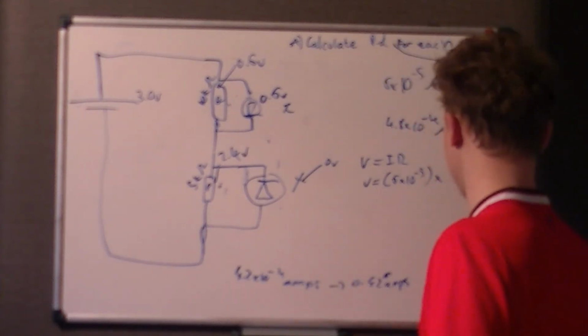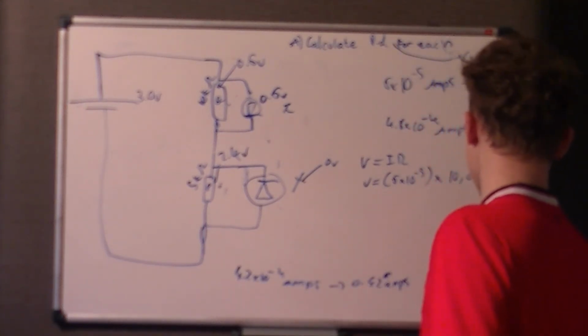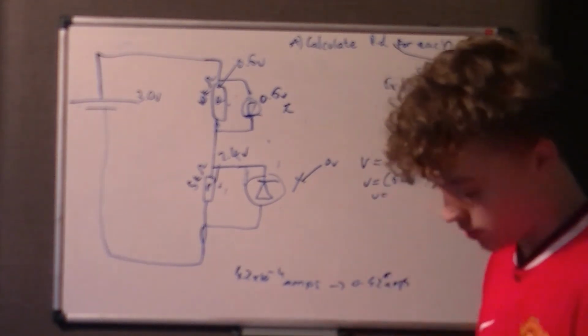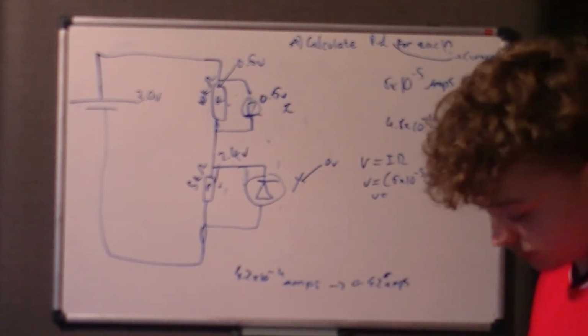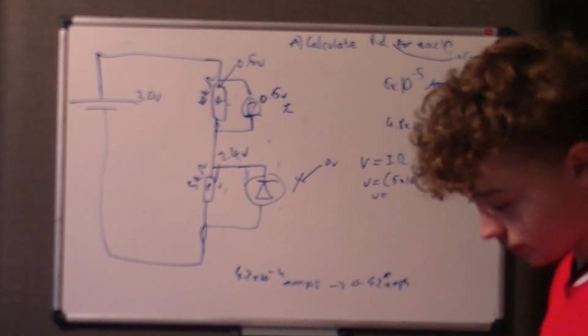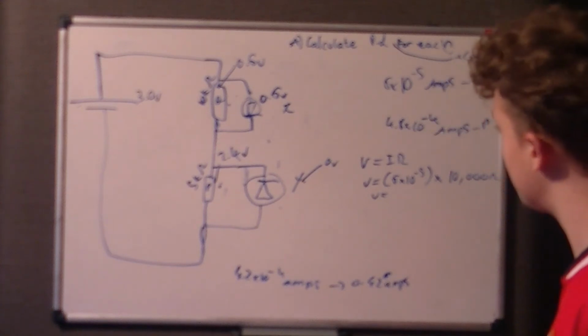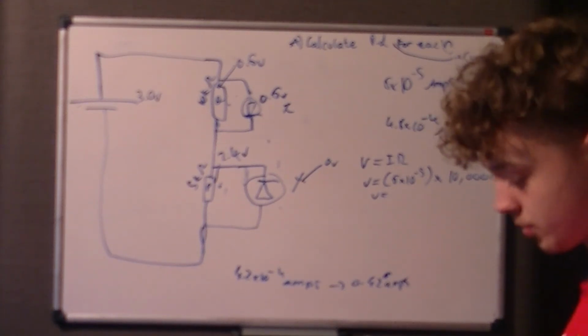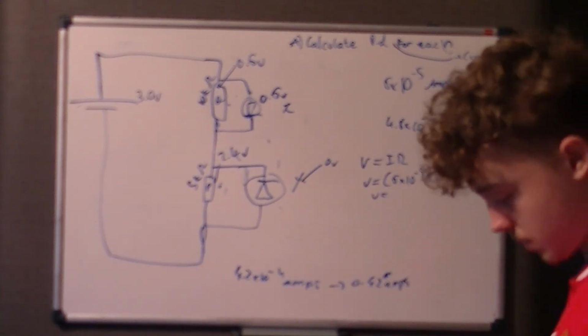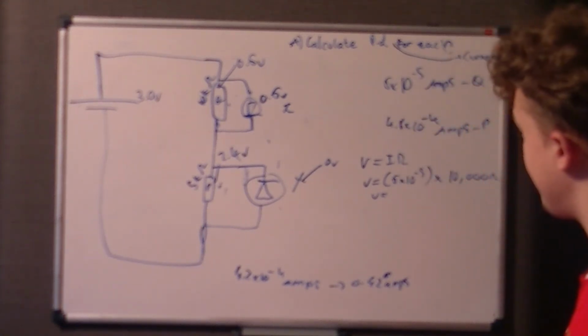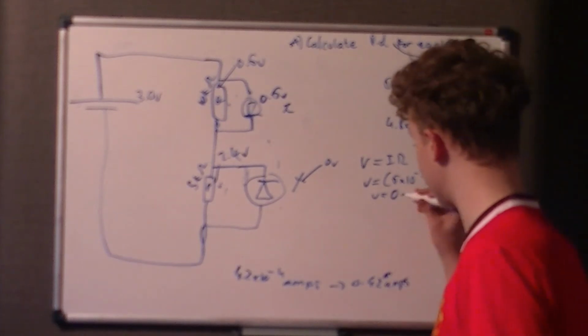Now this is quite a big one, 10,000 ohms, and if you put that in your calculator, 6 times 10 to the minus 5 times 10,000, you should get 0.6 volts.